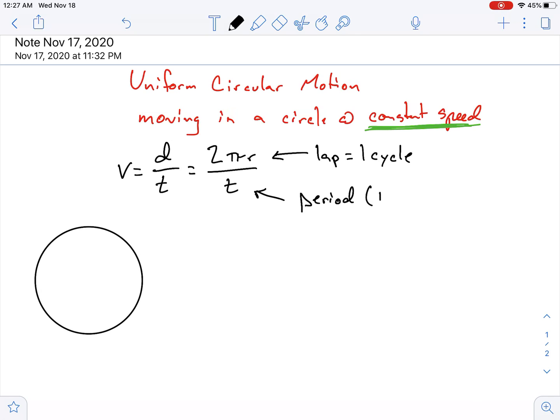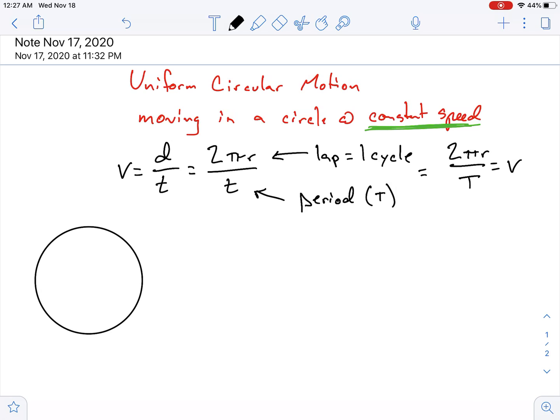And we give it a capital letter T so that we can distinguish between just a general time or the amount of time it takes to complete one cycle, which means my equation for calculating the speed of traveling around a circle is really just going to be 2 pi r divided by the period. That gives me my velocity.